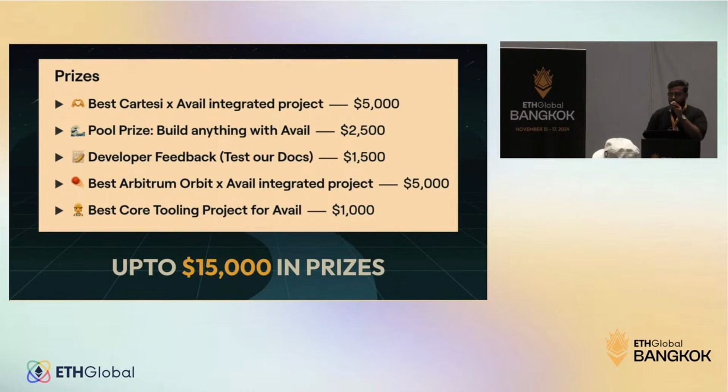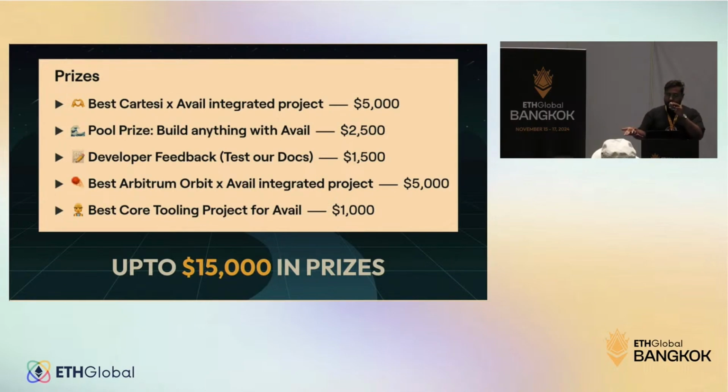And also, if you want to explore the Avail ecosystem, and you think there is some core infra or tooling that you can provide, such as developer dashboards or validator tooling, and you want to enrich the Avail ecosystem, we have a best core tooling project for Avail prize bounty as well. And also Arbitrum Orbit. So we have a total of $15,000 in prizes, so you can check it out.